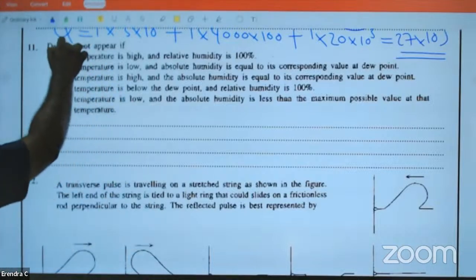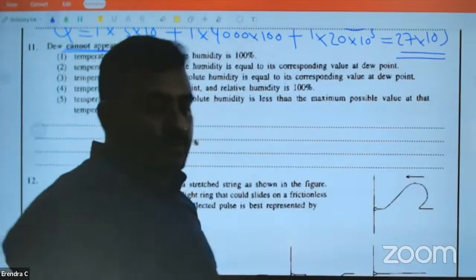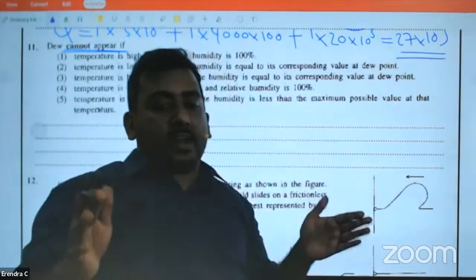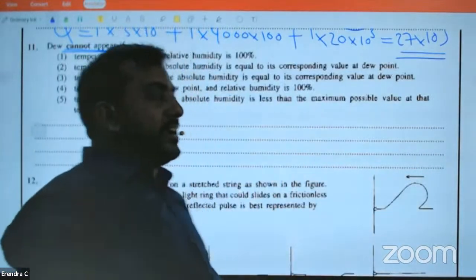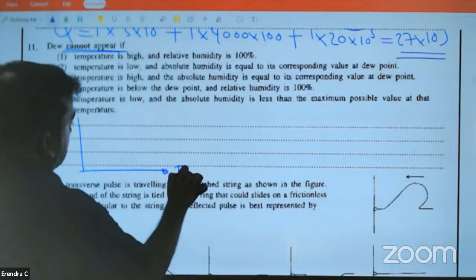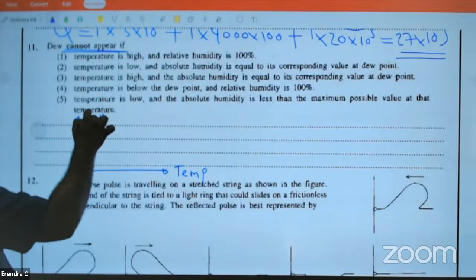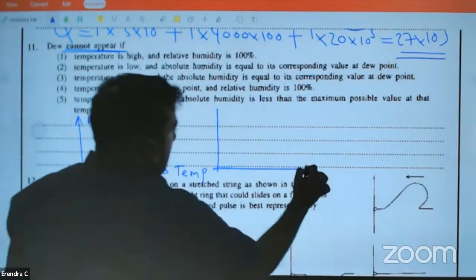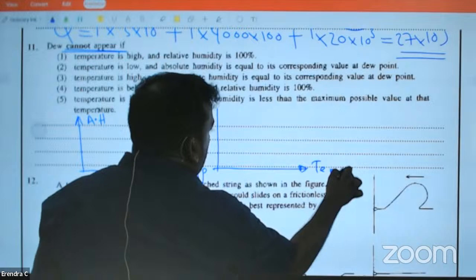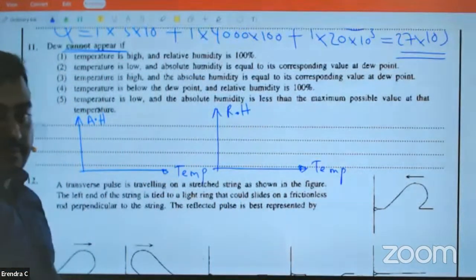Dew cannot appear if... Whenever you learn humidity, you learn two curves very importantly: the temperature absolute humidity curve, and the relative humidity temperature curve.